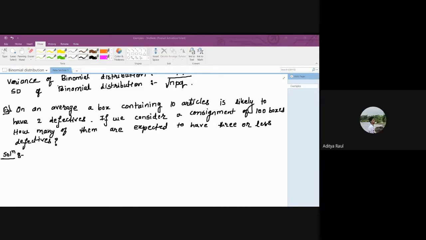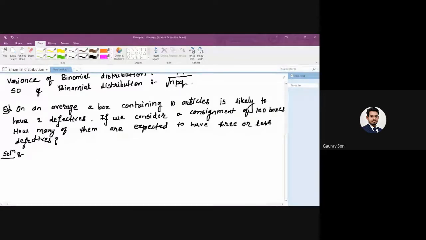Yes, sir. So the probability I can calculate is for just one box. By the data given, there are 10 articles, and it is likely to have 2 defectives. It means that we are able to find the probability. So number of trials, n is equal to 10.